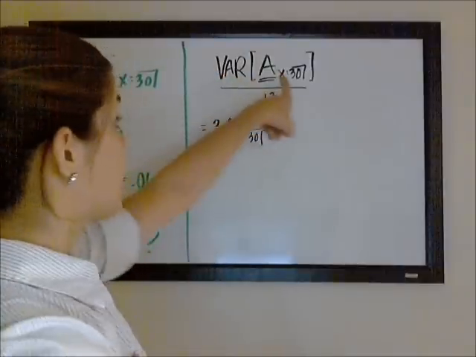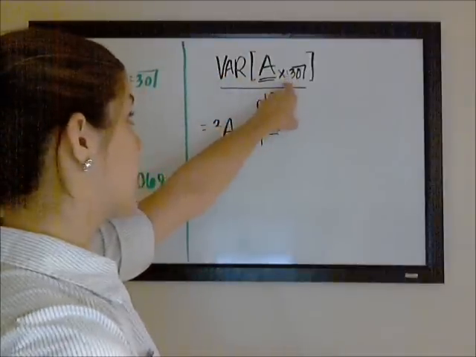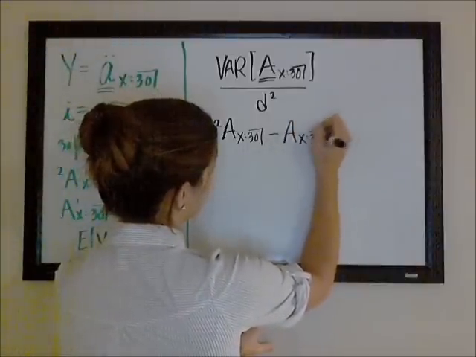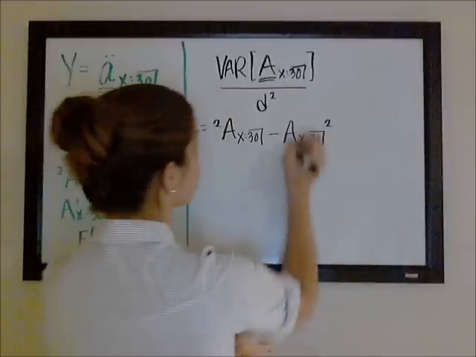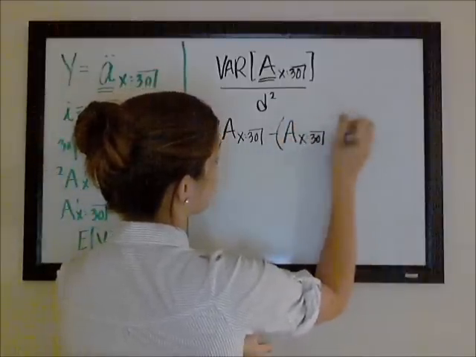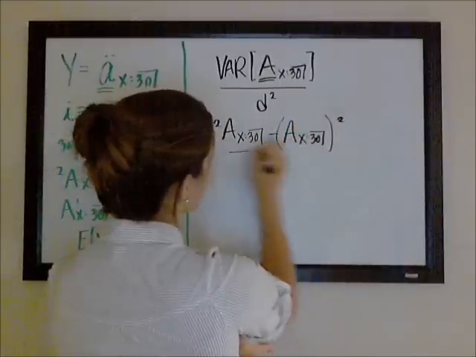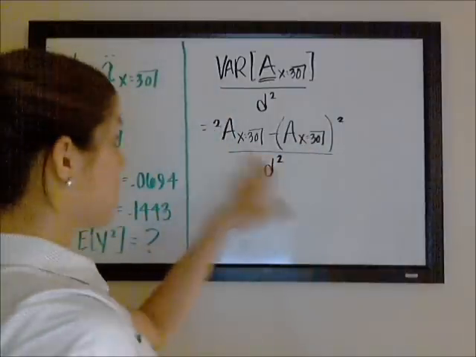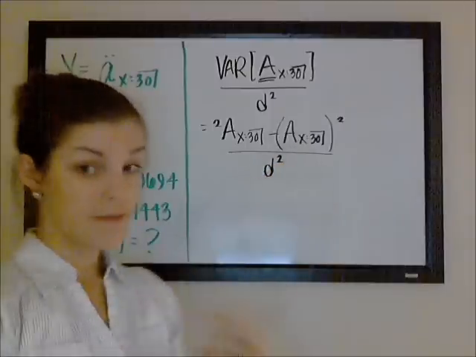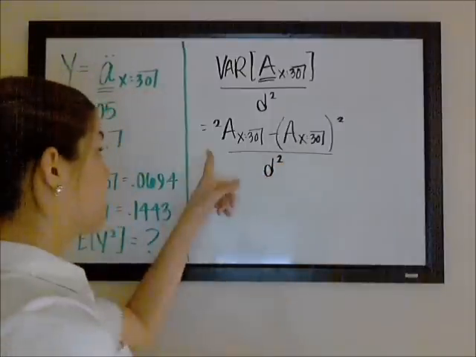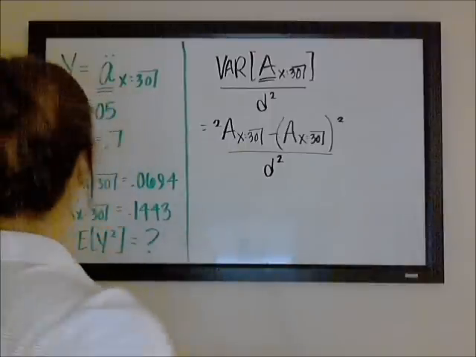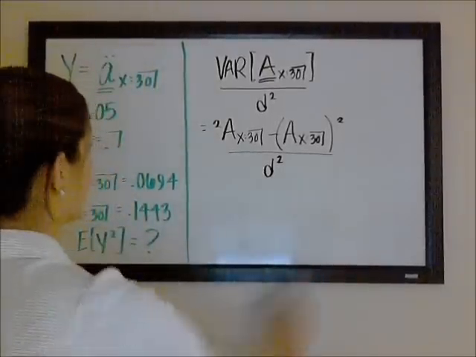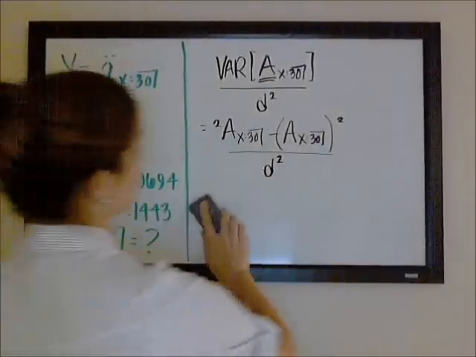We know the expected value of the true present value of this insurance is going to be the actuarial present value of the insurance, squared, all over d squared. Okay, so I need to find the actuarial present value of the 30-year endowment insurance, and I also need to find the second moment of that insurance. And d, of course, I can get from the annual effective interest rate. So setting that aside, I'm going to try to find these two pieces.